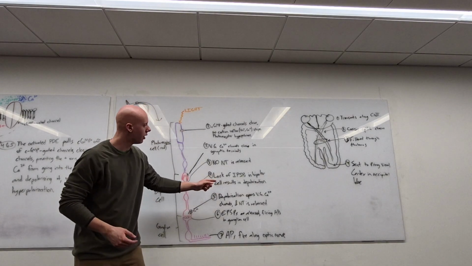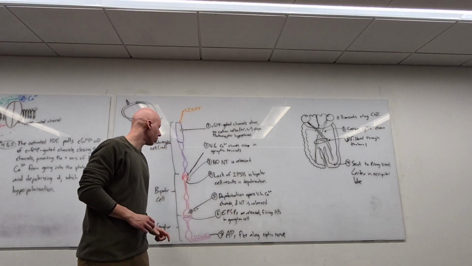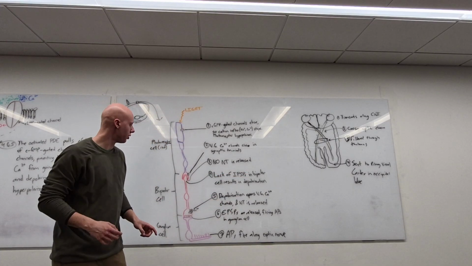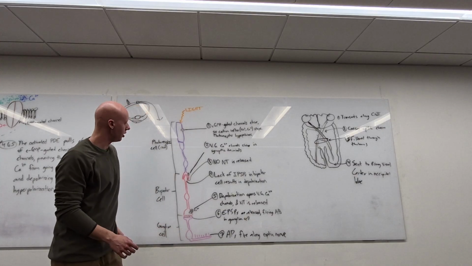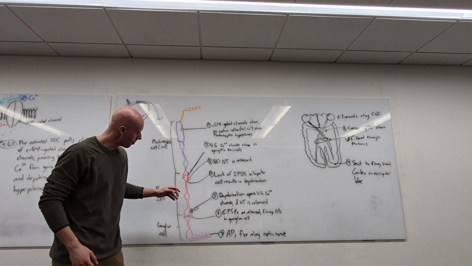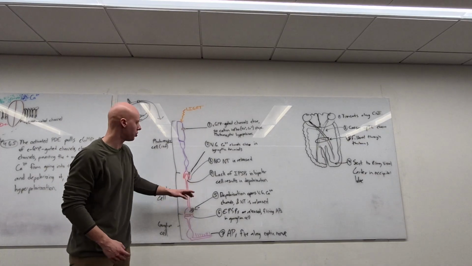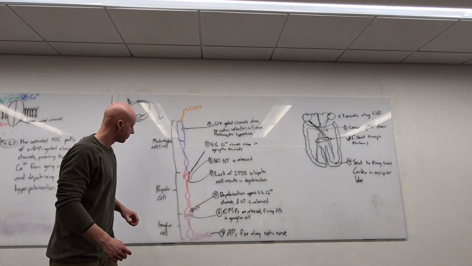So, the lack of IPSPs in the bipolar cell is going to result in depolarization of the bipolar cell. So, once you get to the bipolar cell's axon terminals, you now have an action potential because you have the depolarization.